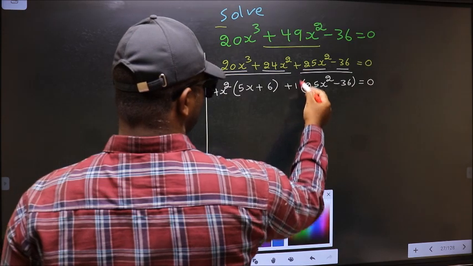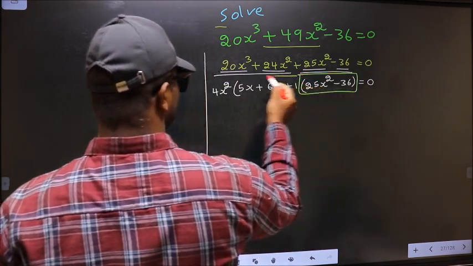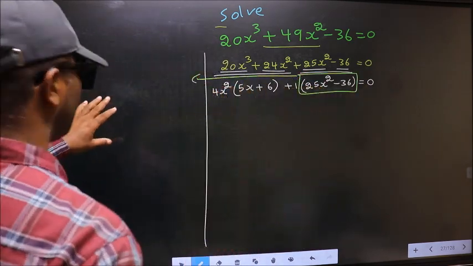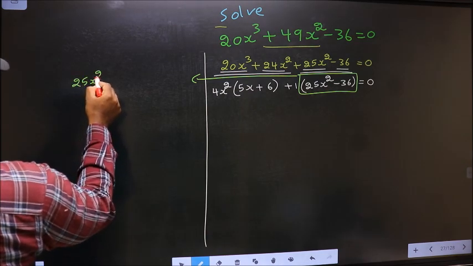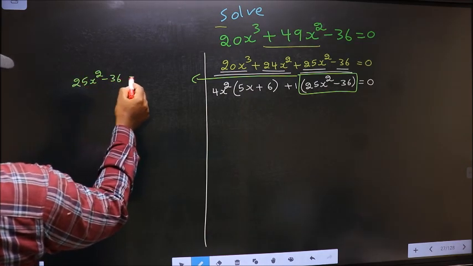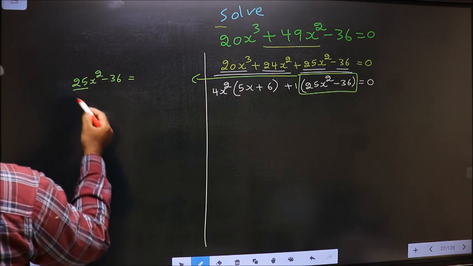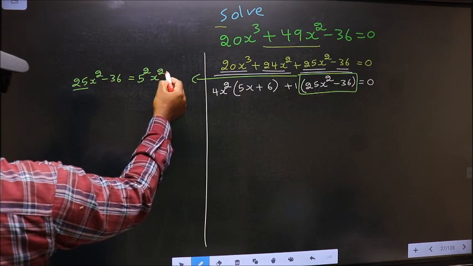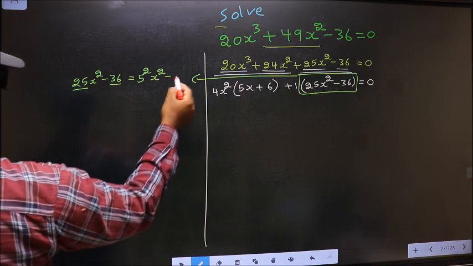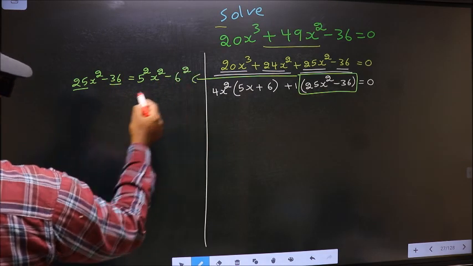Now this quadratic, I will simplify it here. That is 25x square minus 36 equal to, in place of 25, now we write 5 square x square minus, in place of 36, 6 square.